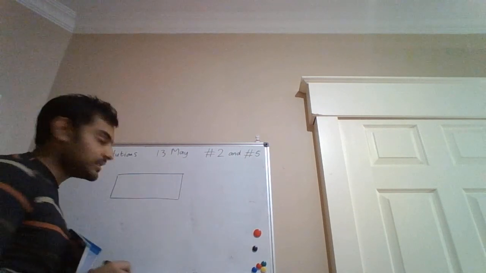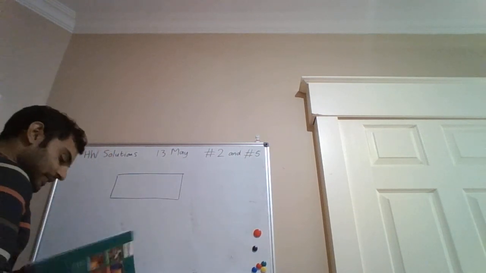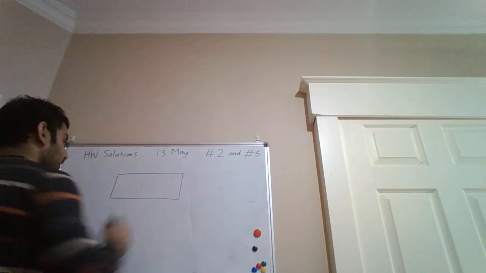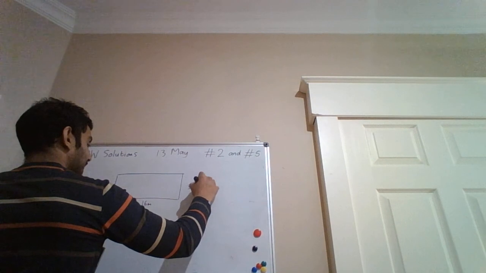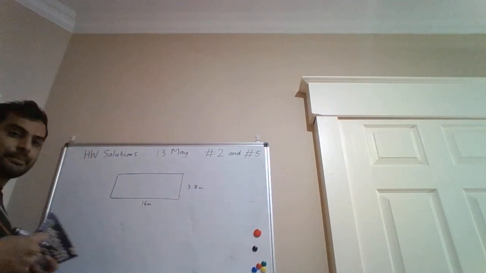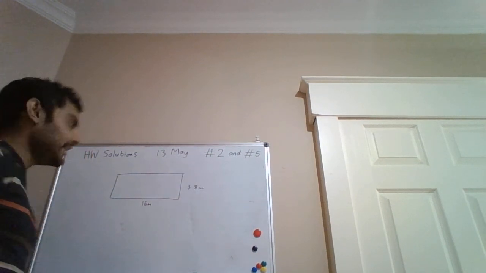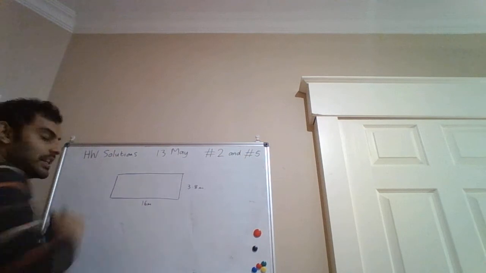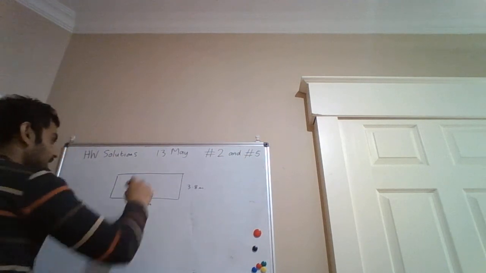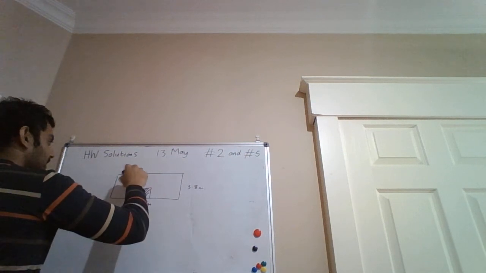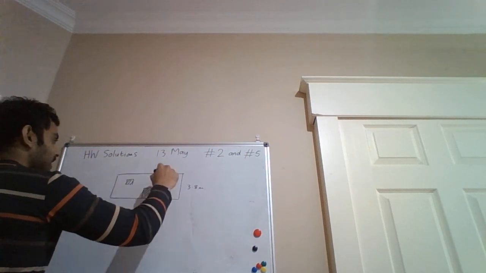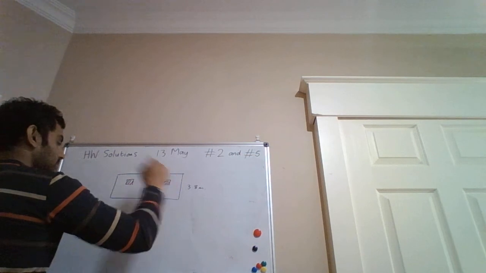So this is the front of his house with dimensions 16 meters and 3.8 meters. And the area of the wall to be painted is the area of the front of the house, and then we subtract the area of the door and the areas of the 2 windows.